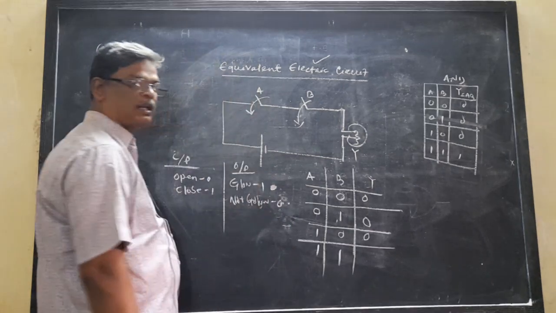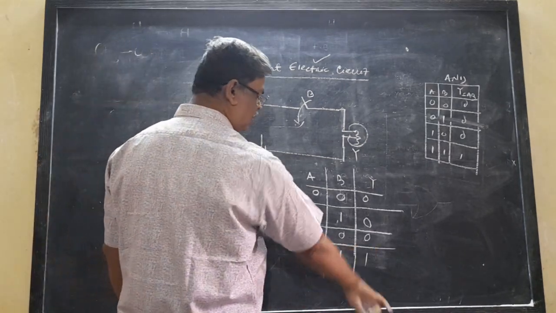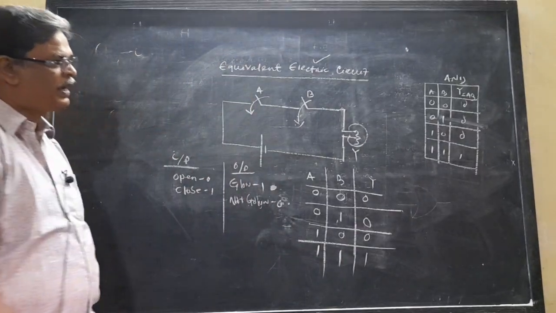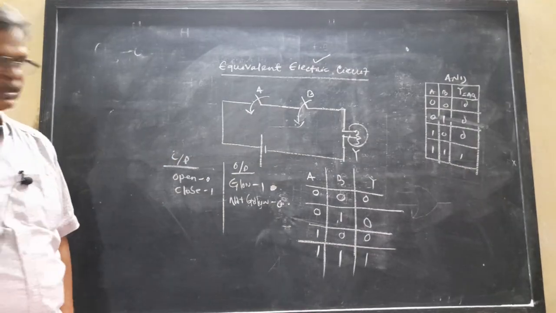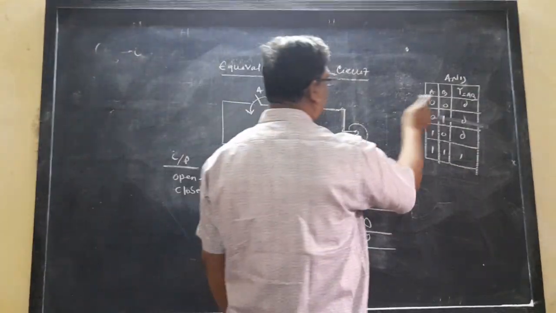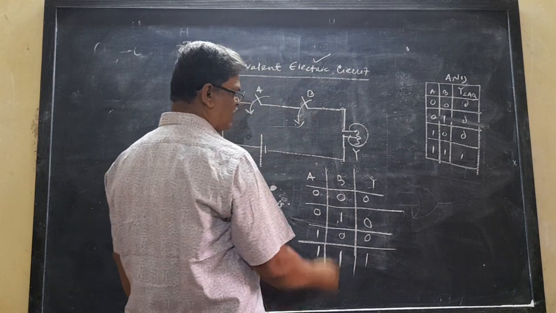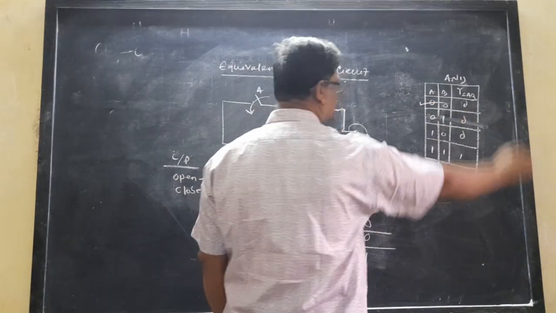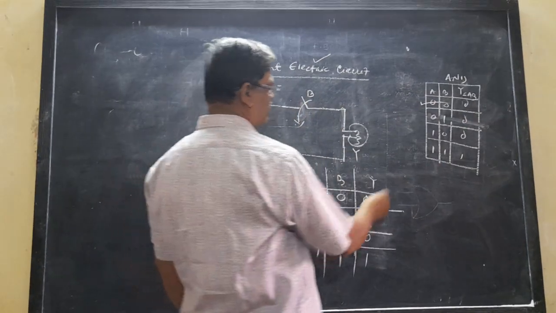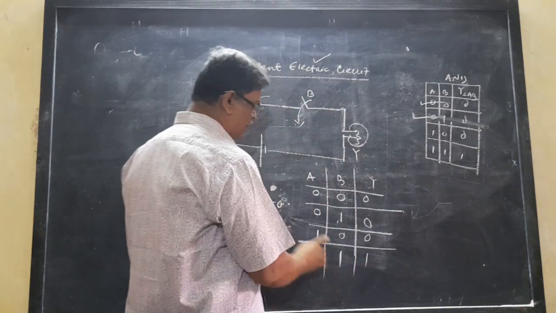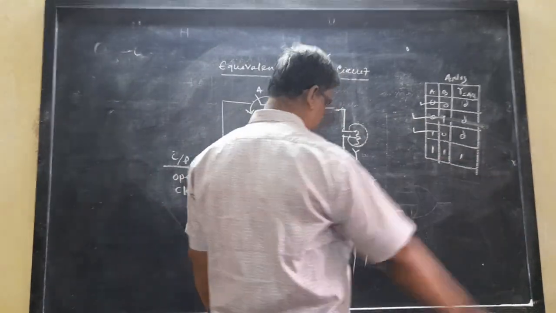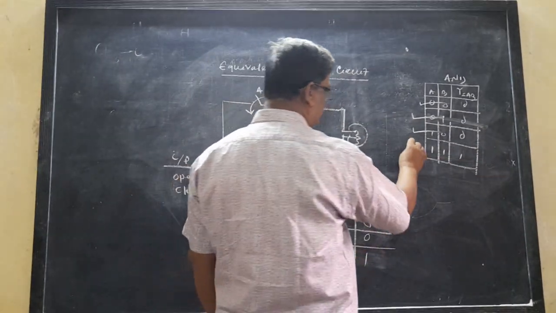Now compare the tables. This is the table for this circuit and this is the table for the AND gate: 0 0 0, 0 1 0, 1 0 0, 1 1 1.